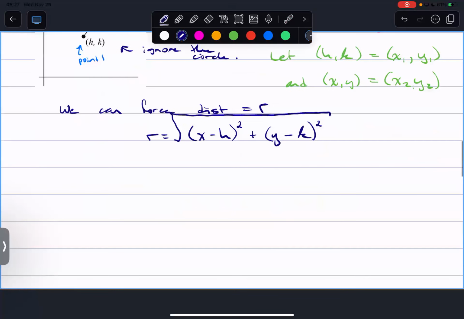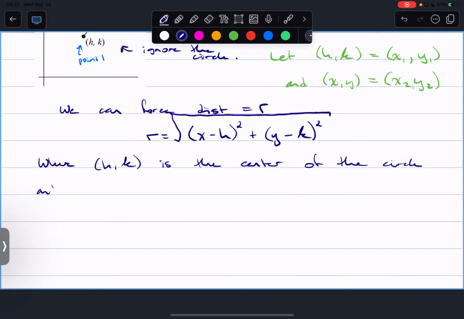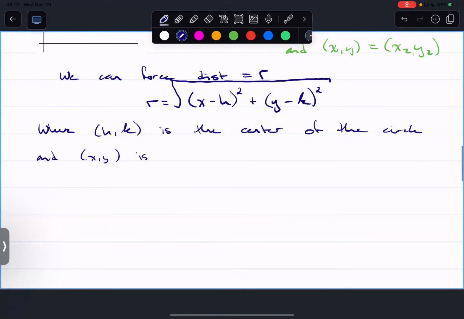So here, (h, k) is the center of the circle, and (x, y) is any point on the circle with radius r.